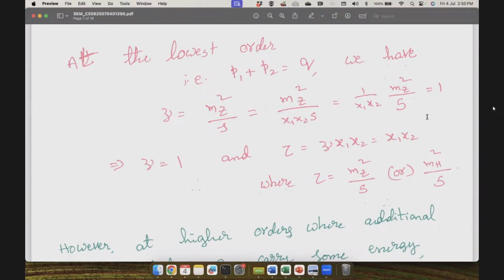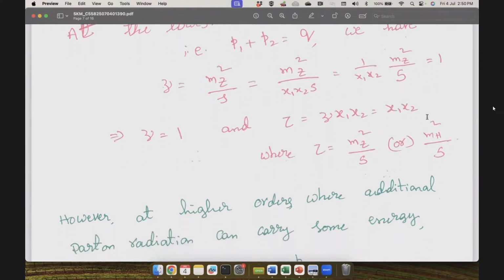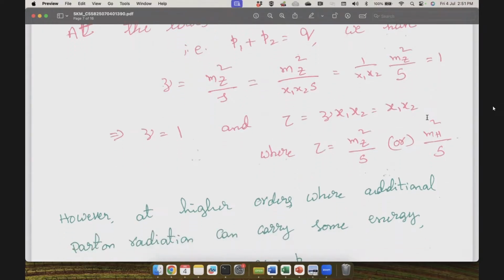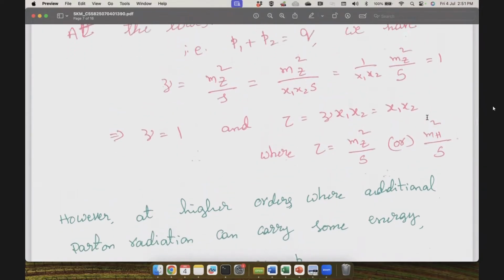Quite often people interchange these and write z equal to tau into x1 x2. It is not always correct. Tau is the smallest that you have in your calculation, so x1 and x2 have to adjust accordingly. So this is the situation.